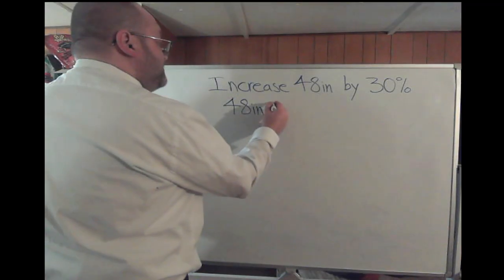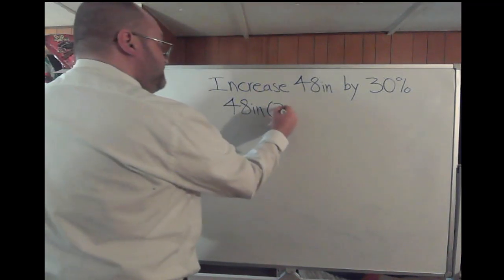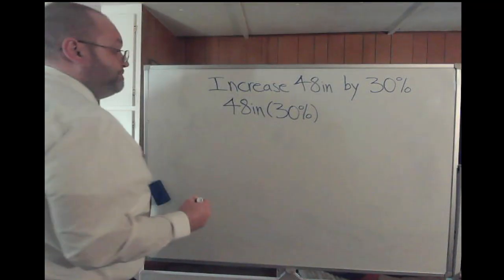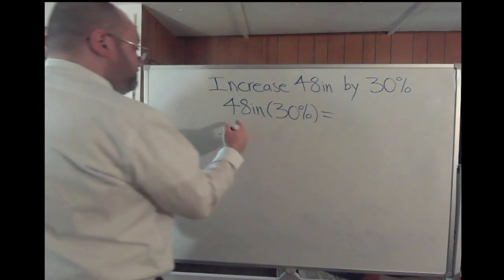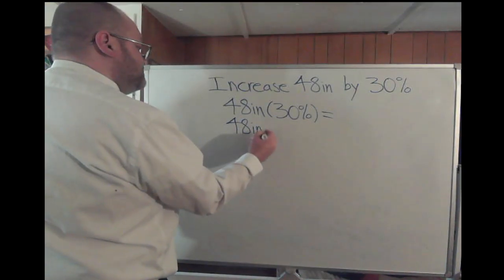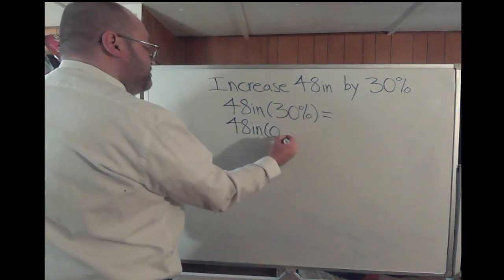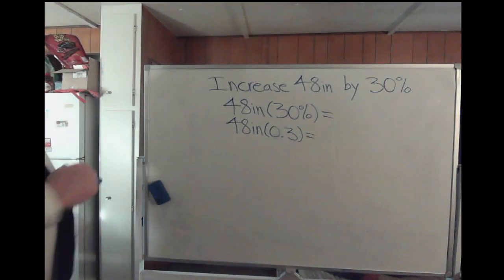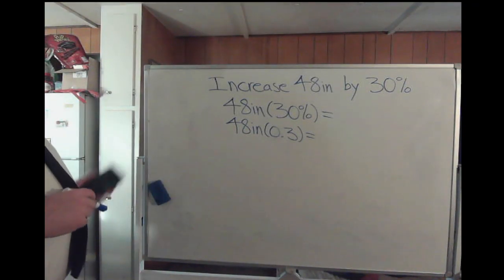you're going to find 30% of that 48 inches, because that's what you need to increase it by. Well, we know that's going to be the same as 48 inches times 30% is 0.3. So now we just need to do 48 inches times 0.3.